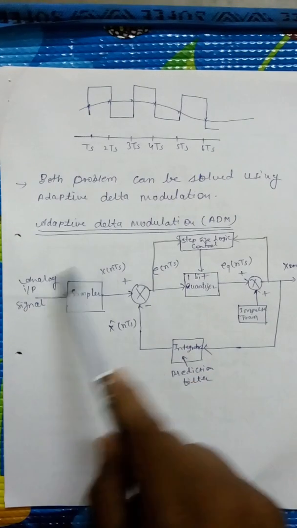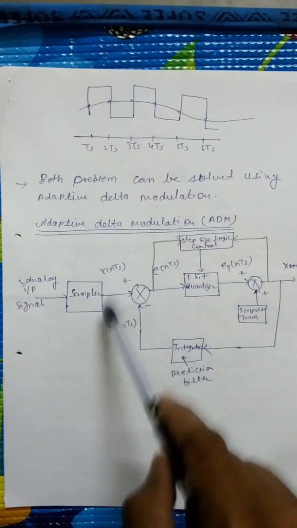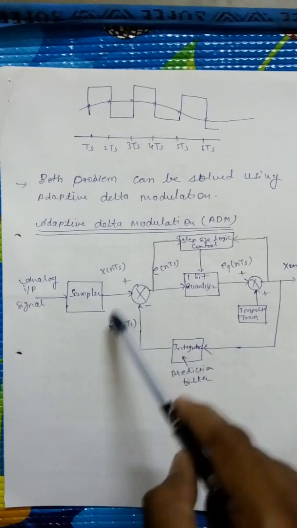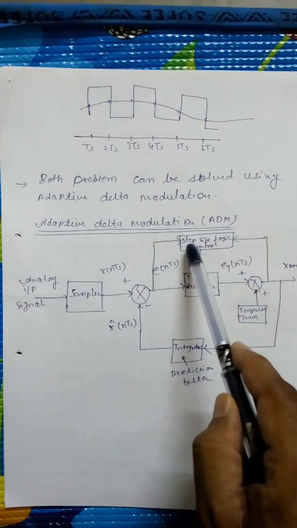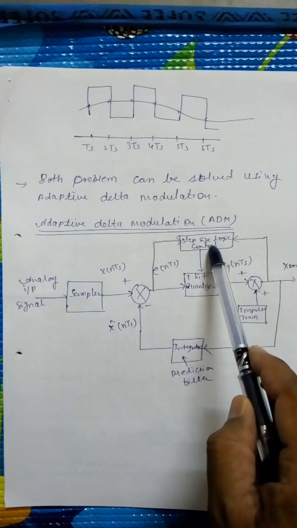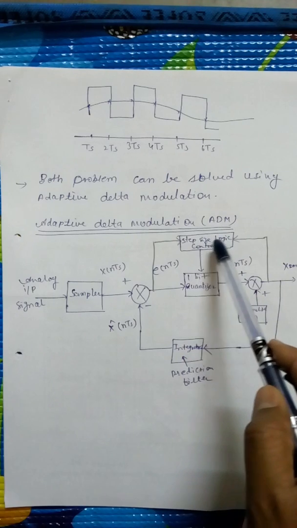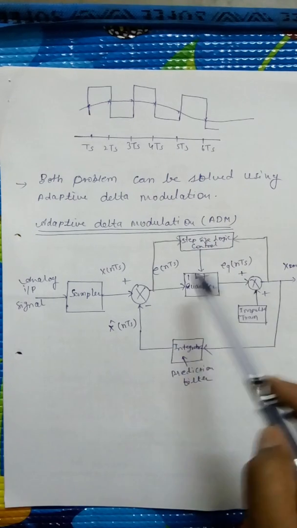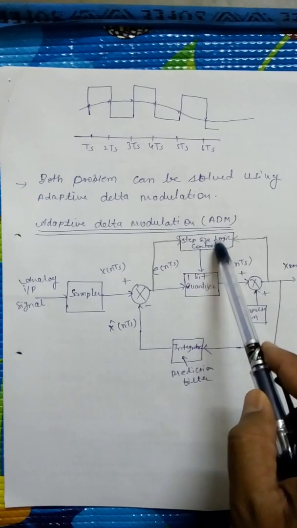Most of the part in the adaptive delta modulator is similar to the delta modulator, except here one block is added. This block is the step size logic control block. This block gives the input to the 1 bit quantizer, or we can say this block decides the step size.